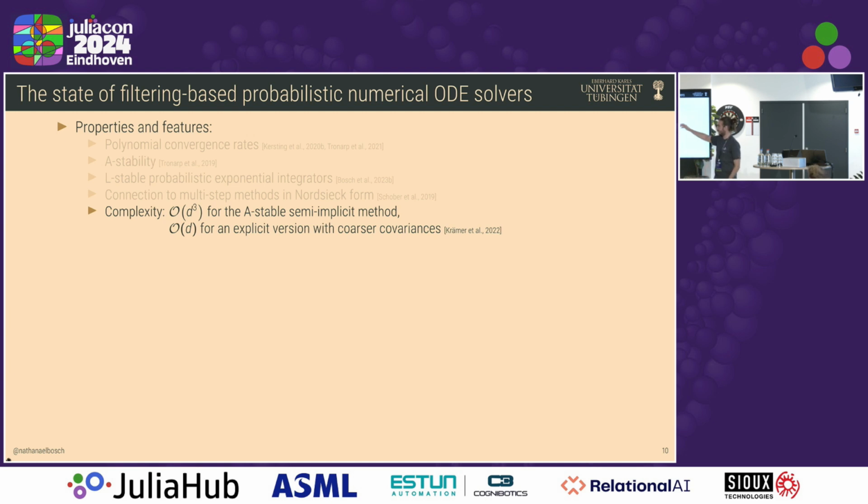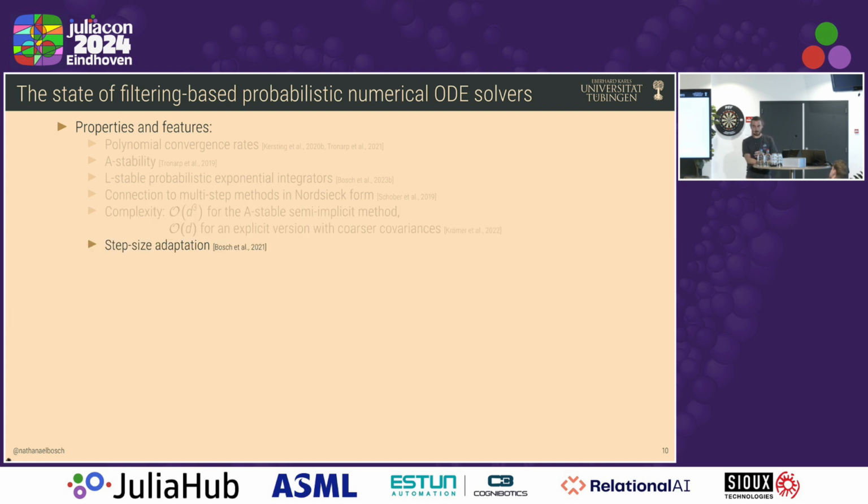If your ODE is d-dimensional, then it's either linear in the dimension or cubic in the dimension, depending on if you use a version that is semi-implicit or an explicit version, which is exactly what your standard Runge-Kutta method is also complexity-wise. An implicit Runge-Kutta method is also cubic, which is why solving large dimensional stiff systems is non-trivial. We have the same problem, but also the same linear scaling.